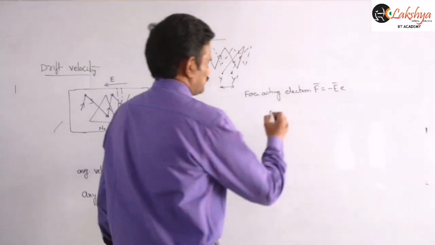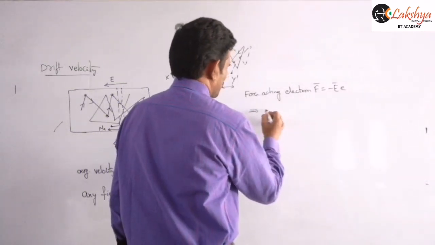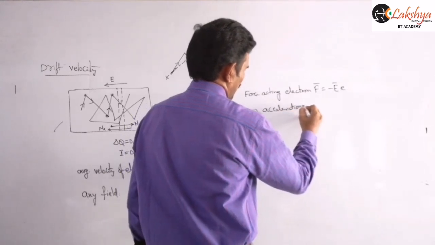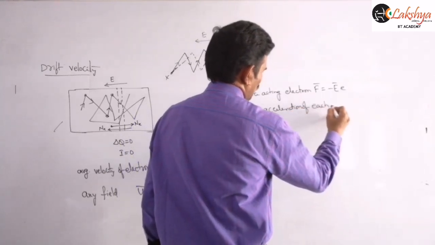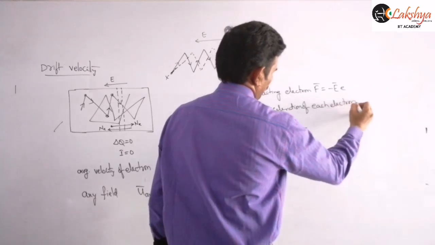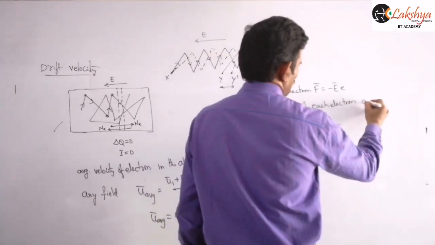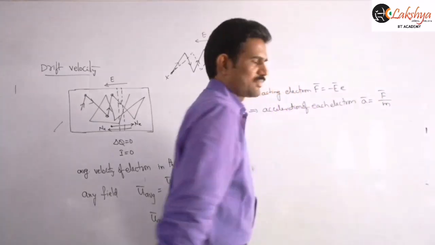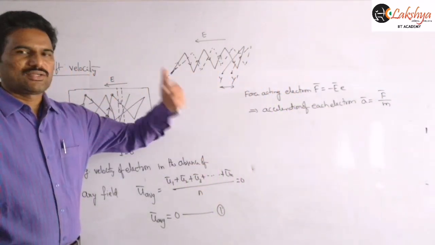And now from this let us write the acceleration of each electron. The acceleration of each electron you can write as A bar is equal to F bar by m, right? So that is the force acting on each electron.